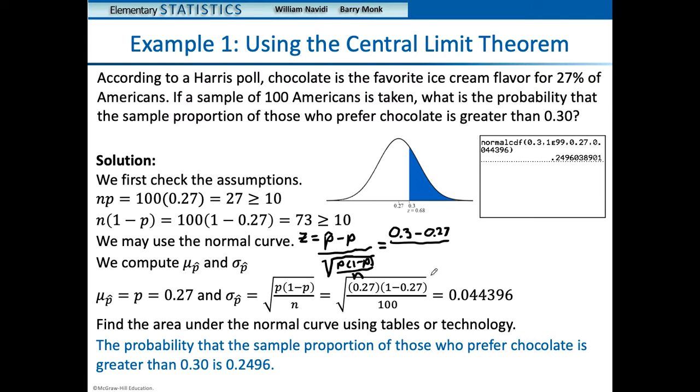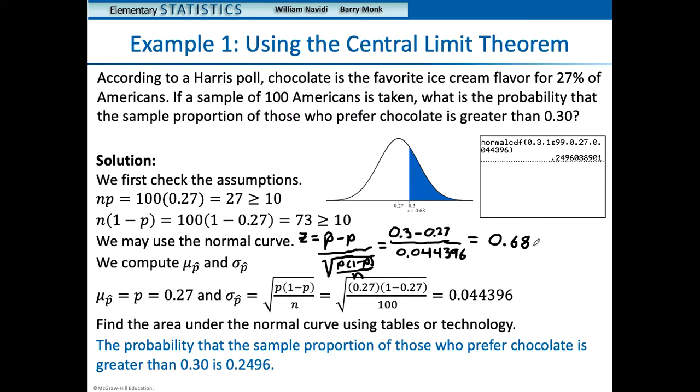Standard deviation is calculated for us down here, so it's 0.044396, and that works out to be 0.68. Okay.